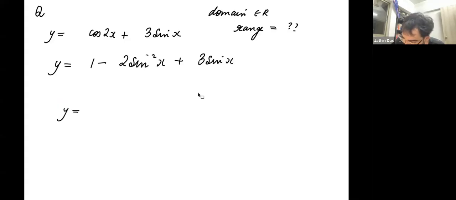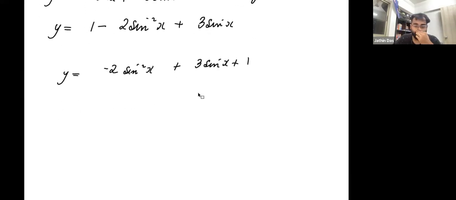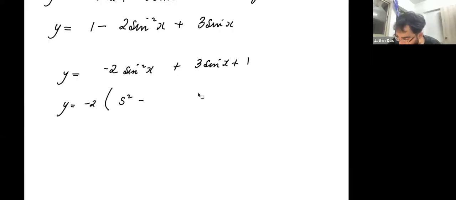Anyways, so y is equal to minus 2 sin square x plus 3 sin x plus 1. Now, what you will take common? Minus 2. Sin square, I'm just writing like this now. Minus 3 by 2 sin and minus 2.